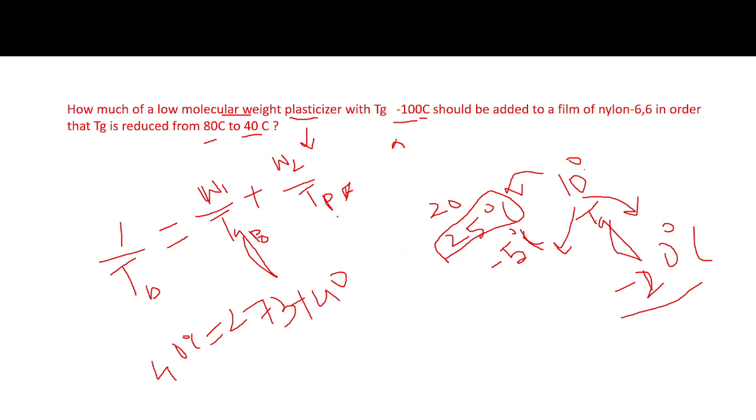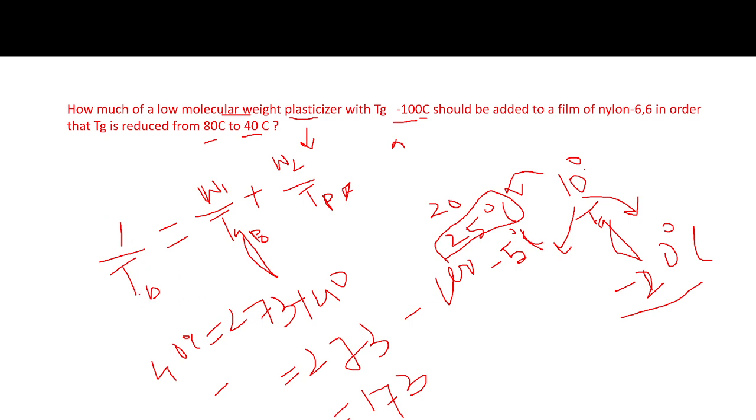The Tg of the plasticizer is already given, so it will be 273 minus 100, that is 173. And the Tg we need is 80 degrees centigrade, so the Tg will be 273 plus 80.